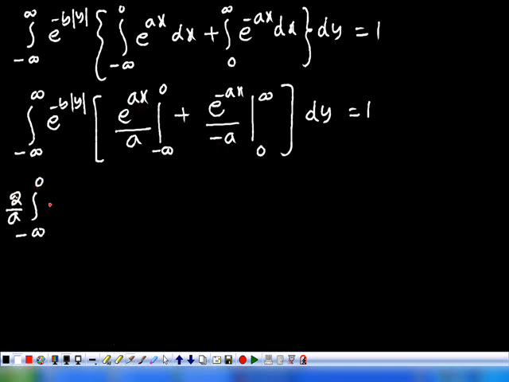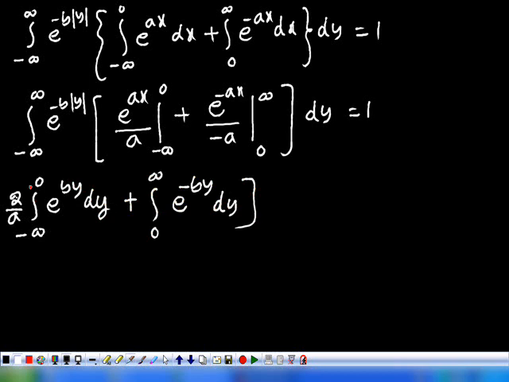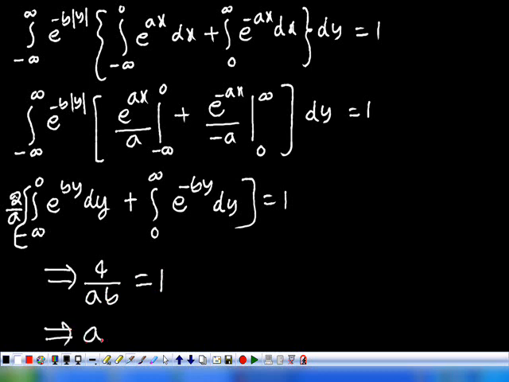Then this is e power by dy plus 0 to infinity e power minus by dy. Here also you will get 2 by b. Therefore, this implies 4 by ab is equivalent to 1, and this implies ab equivalent to 4. That is the relationship between a and b.